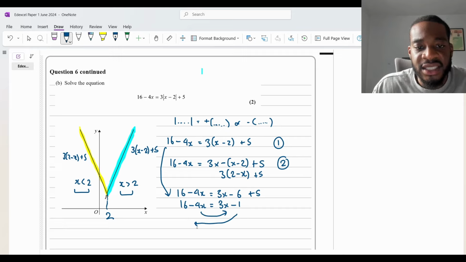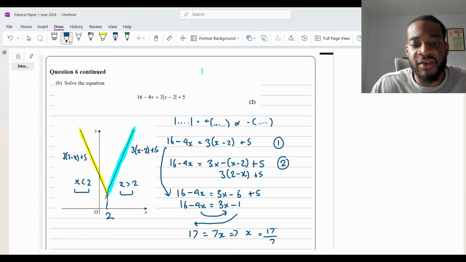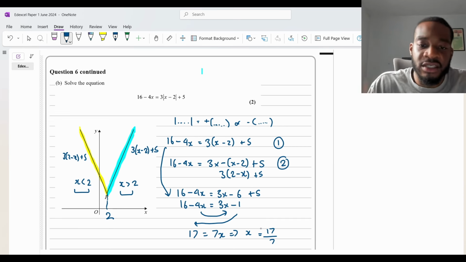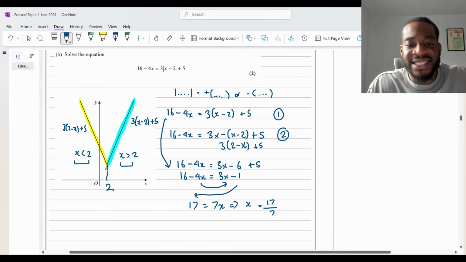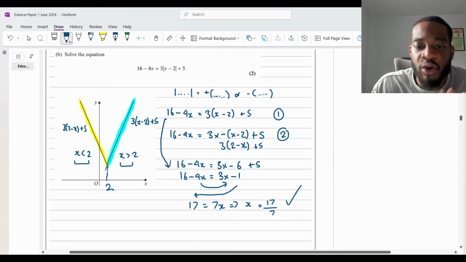That means 16 add 1 is 17, and 3x plus 4x is 7x. So therefore, one answer is going to be 17 divided by 7, which is a bit more than 2, because 14 over 7 is 2. So that is fine, because that is the blue part. That satisfies x being greater than 2. So that's not a problem.